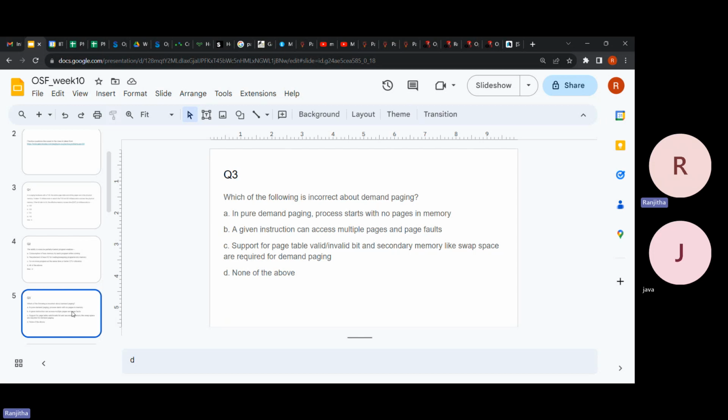Yes, that is true. So first itself, it will start with the page fault. A given instruction can access multiple pages and cause page faults. Yes, that is also true. Support for page table, invalid bit, and secondary memory like swap pages are required for demand paging. That is also true. So all of these statements are true. So nothing is incorrect. So here the answer is D.